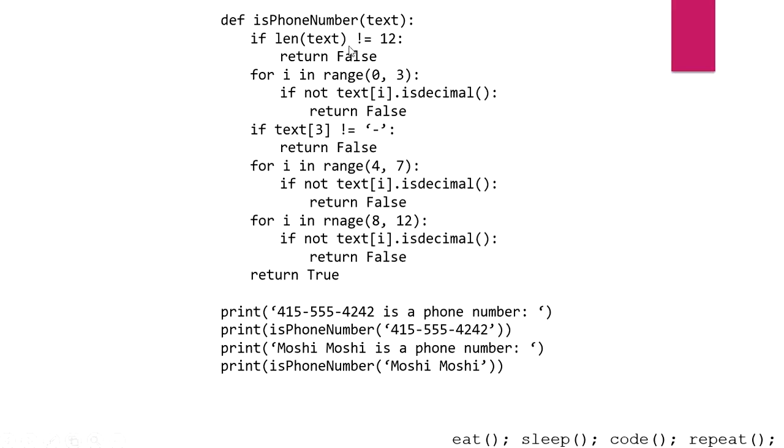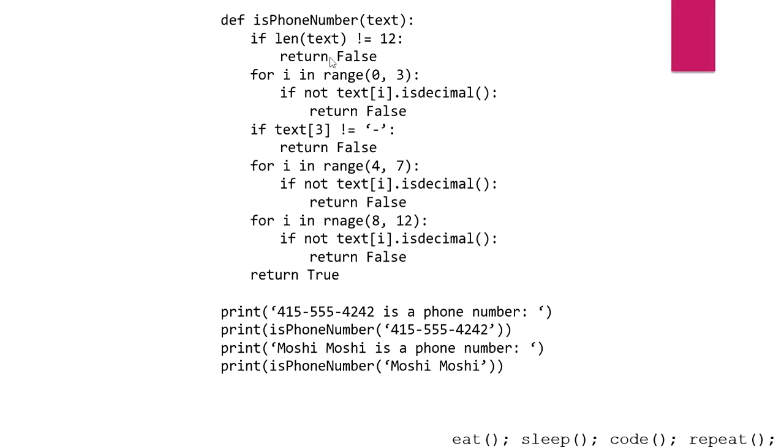The first thing I observed is that the length of this particular phone number is always going to be 12. So I wrote: if the length of the text is not equal to 12, then return false, because I don't want it.